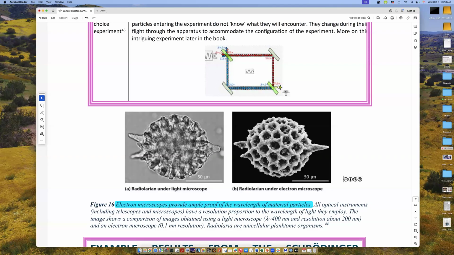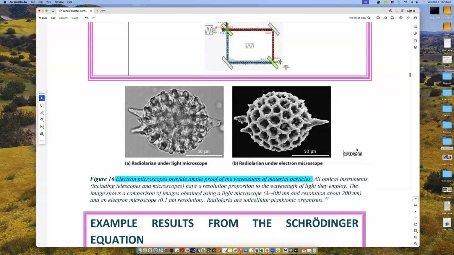But if you switch to an electron microscope and treat the electrons as waves, they can produce this kind of image, where you can see a dramatic improvement in the resolution of the details associated with this. So understanding the theory of particles and waves also has led to practical applications.